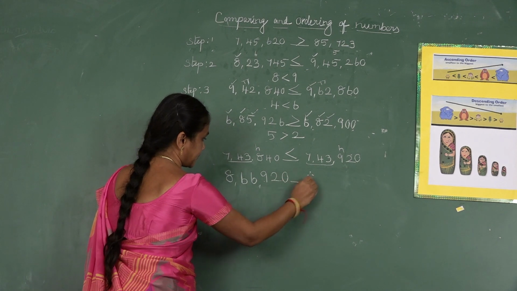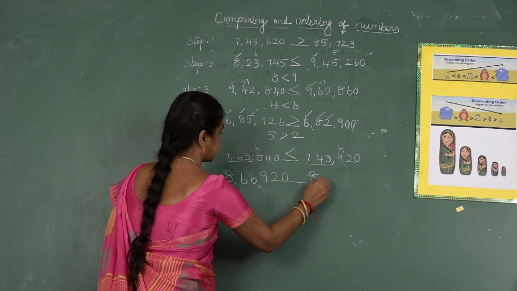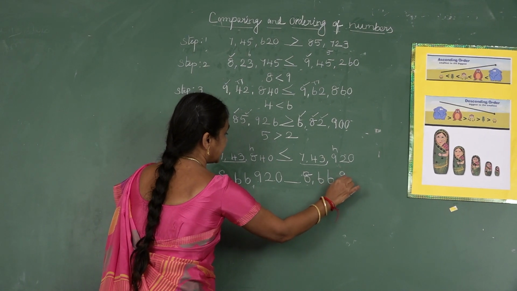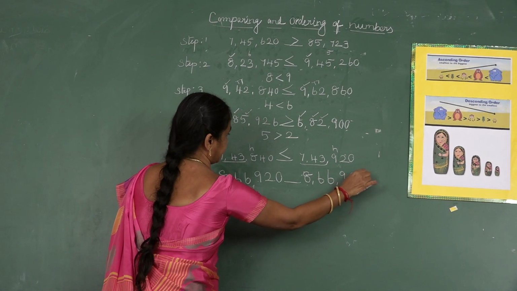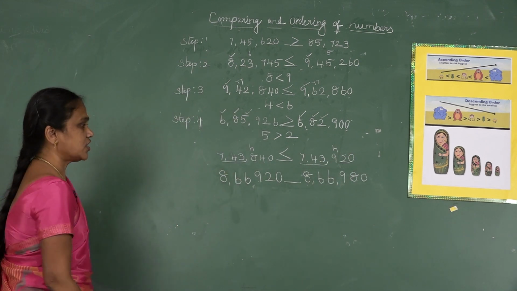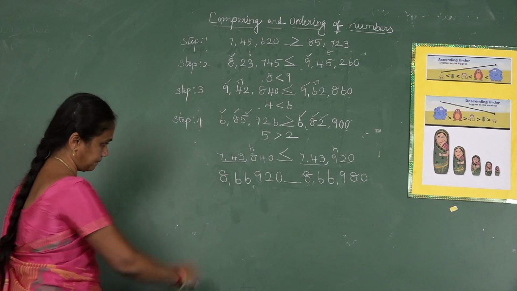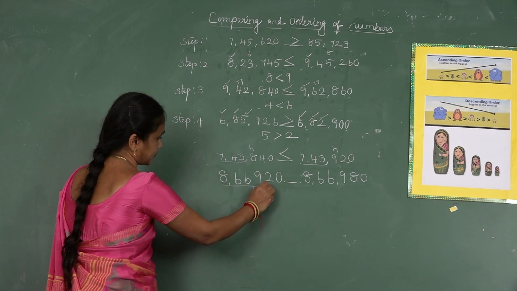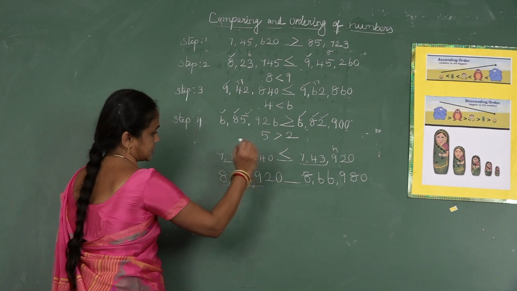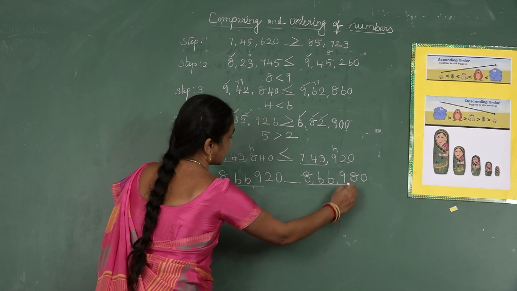8,66,920 and 8,66,980. In these two numbers, the first four digits are equal. Lakhs, 10,000s, 1,000s, hundreds are equal.